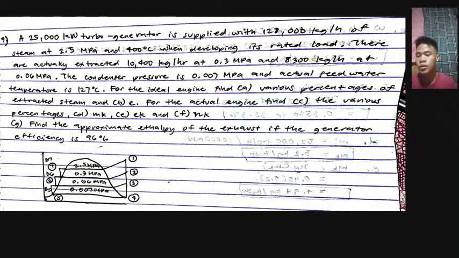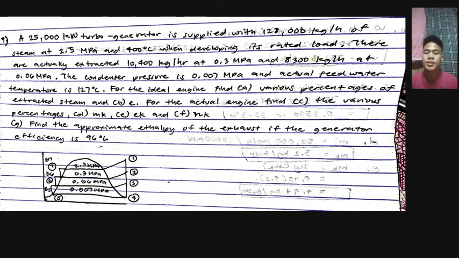There are actually extracted 10,400 kilogram per hour at 0.3 MPa and 8,300 kilogram per hour at 0.06 MPa. The condenser pressure is 0.007 MPa and actual feed water temperature is 107 degrees Celsius.